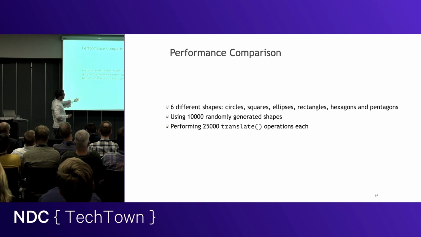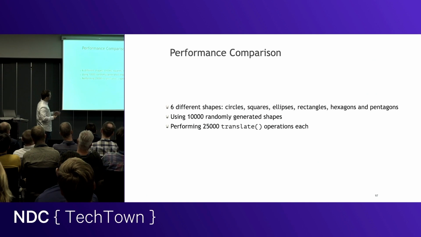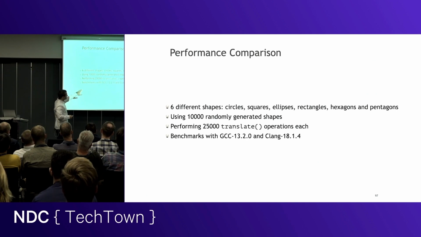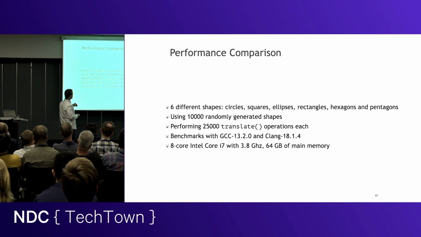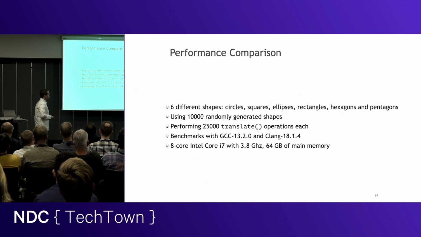But this actually reveals the real performance difference in the intrinsic setup itself. I'm benchmarking with recent compilers, GCC 13.2 and Clang 18.1.4. And last but not least, my machine was an 8-core Intel Core i7 with decent numbers.